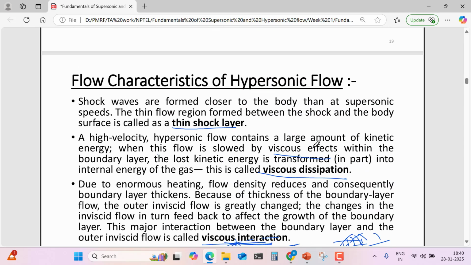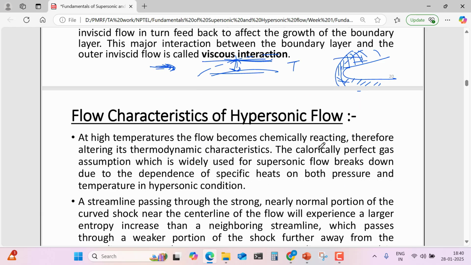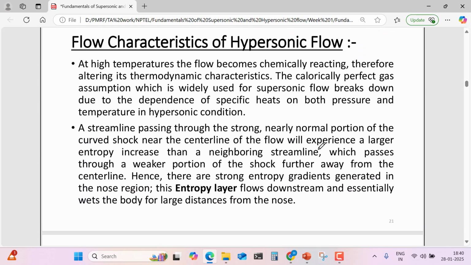This is also one property of the hypersonic flow. At high temperature, the flow becomes chemically reacting. So it is also possible that there will be dissociation of the molecules and they can recombine again. So there will be chemical reactions happening also, which will alter its thermodynamic characteristics.